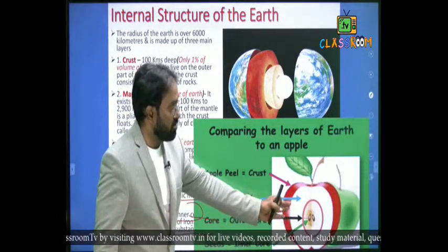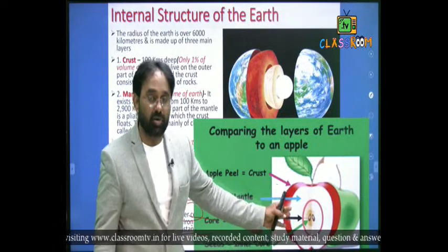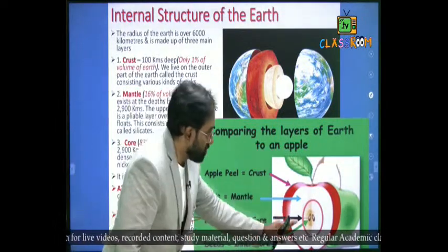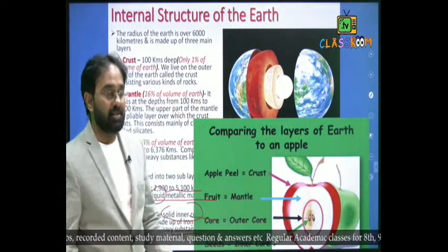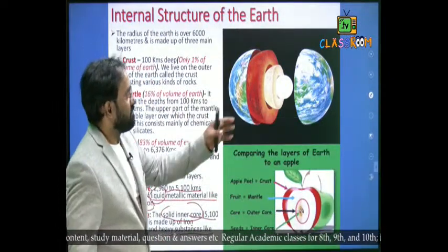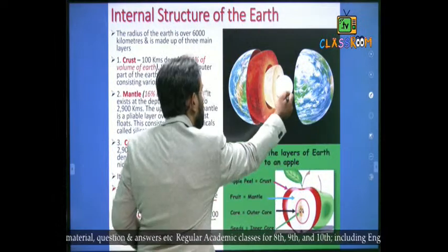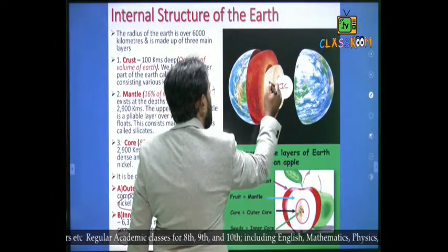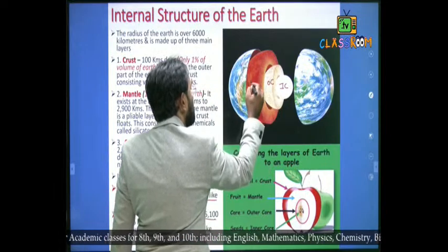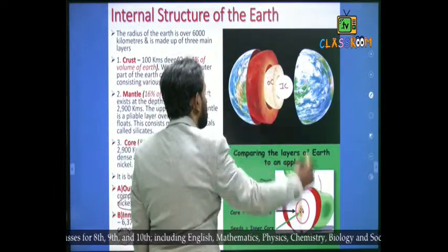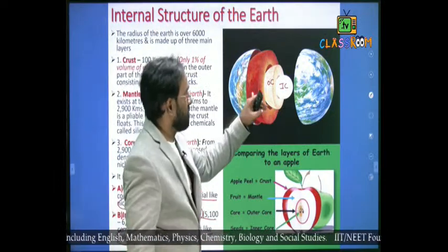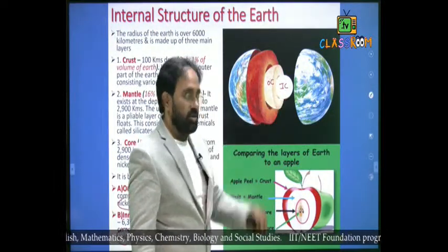The outermost seeded region is called the outer core, and the innermost seeded region is called the inner core. Exactly similar. This is what we have discussed. See here, this is the inner core, this is the outer core, this is the mantle, and this is the crust. Understand? The uppermost layer is called the crust, then the mantle, outer core and inner core.